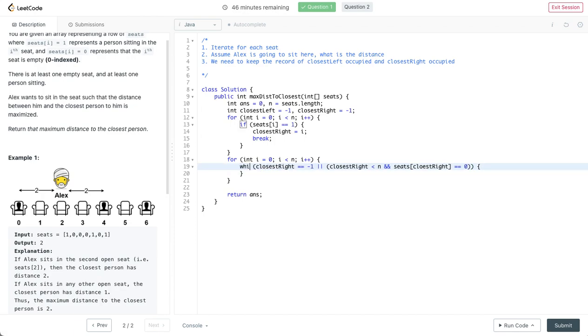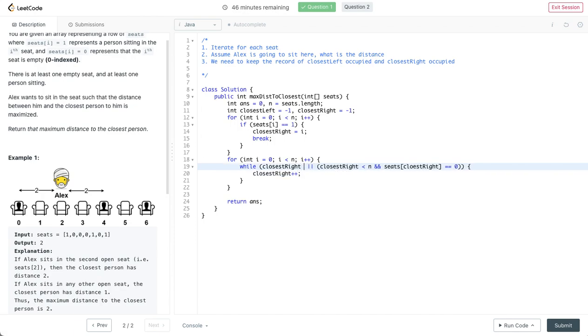So while this case here, closest right is going to be maybe plus.